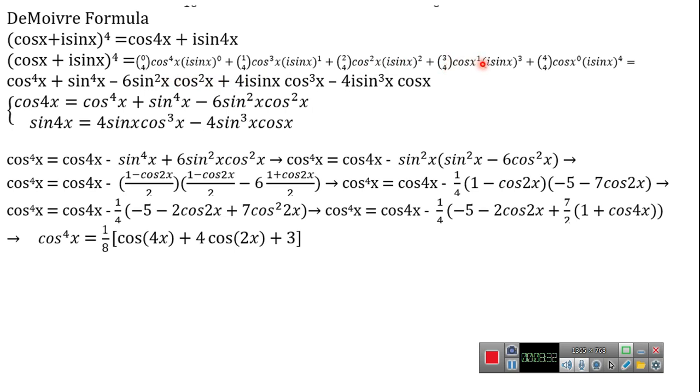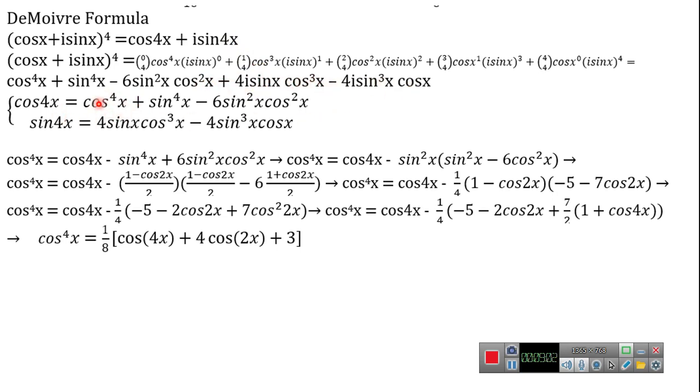So if you expand it, you can realize I have this one. Okay, the above will give me this one. So this is cosine power 4x. Here 4 cosine cube x, i cosine cube x sine x, you have it here. Here 6 cosine square, minus 6 because I have i square, you have it here. Here 3 out of 4 is 4 cosine x, minus i cube is minus i sine cube x, you have it here.